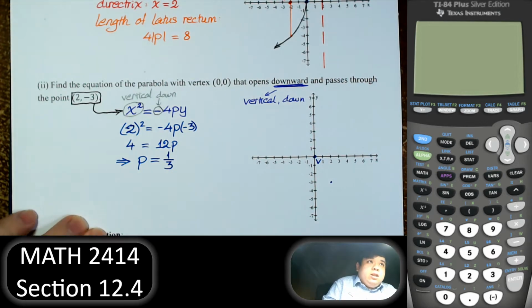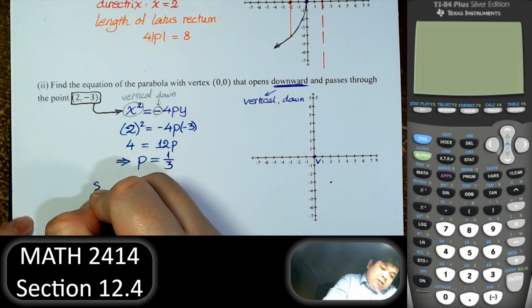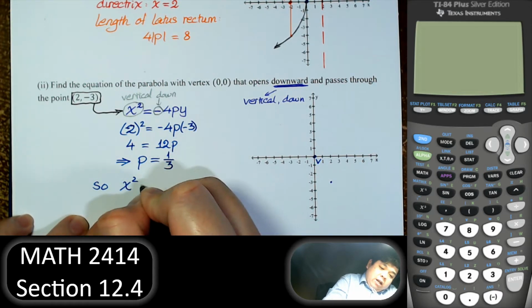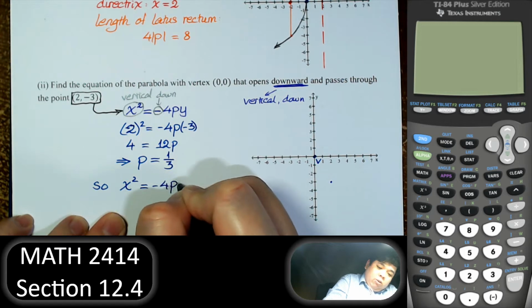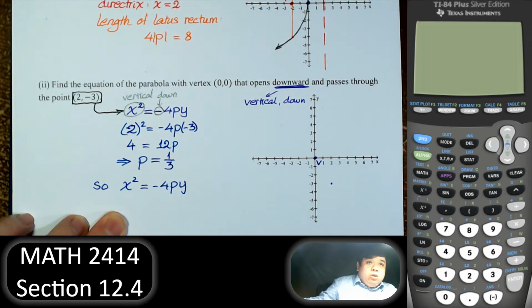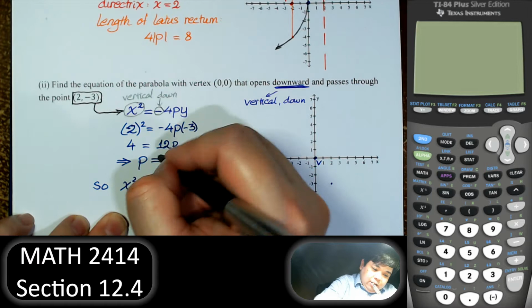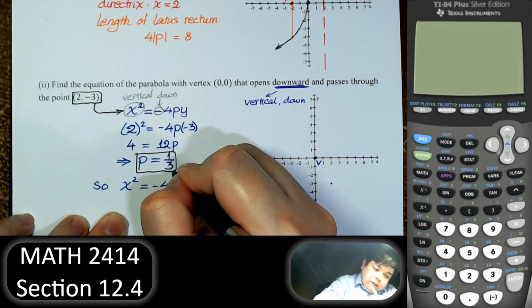So the equation is x squared equal to negative 4py, and we just need to substitute the 1/3 here.